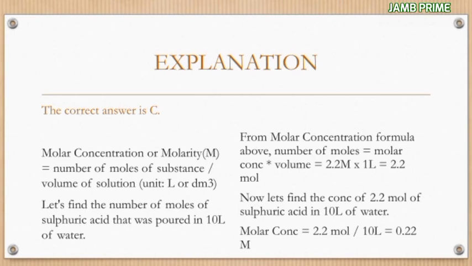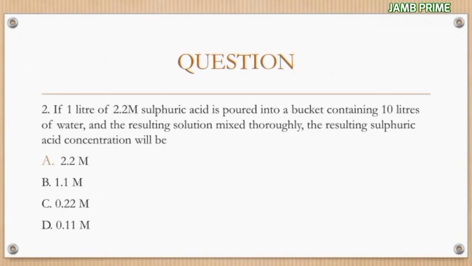The unit of volume can be given as L or decimeter cubed. So let's find the number of moles of sulfuric acid that was poured into 10 liters of water. When we find the mole, we can then use that mole to find our answer, which is the sulfuric acid concentration in 10 liters of water.